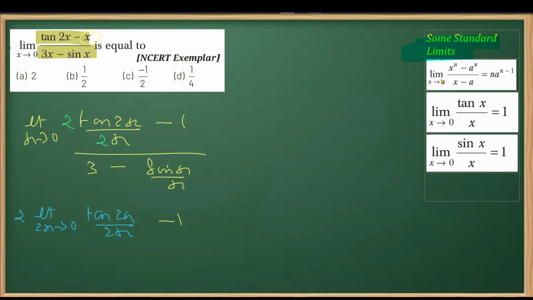And below is the same thing, 3 is over here only, minus, if I apply the limit here also, that is limit x tending to 0, sine x over x.